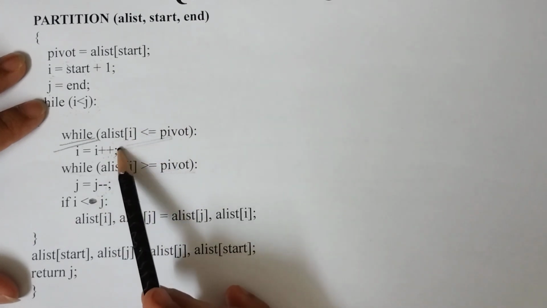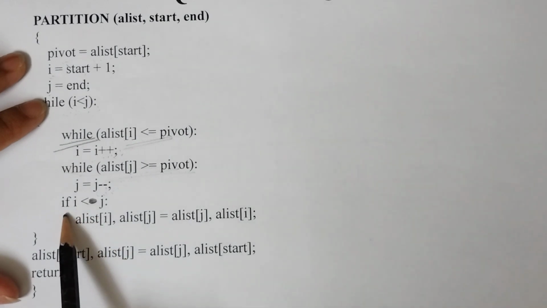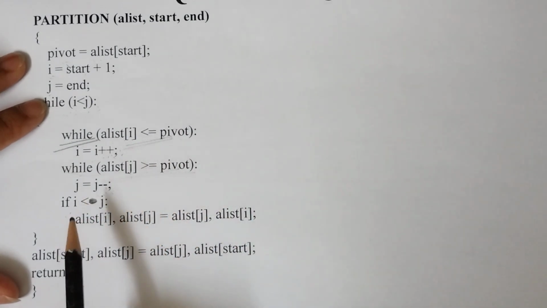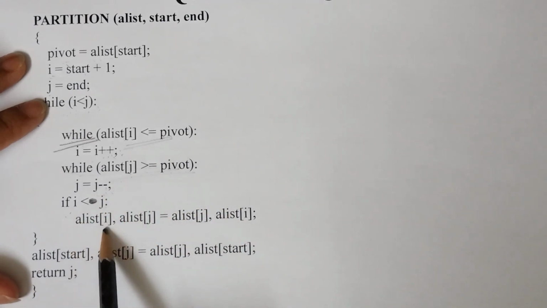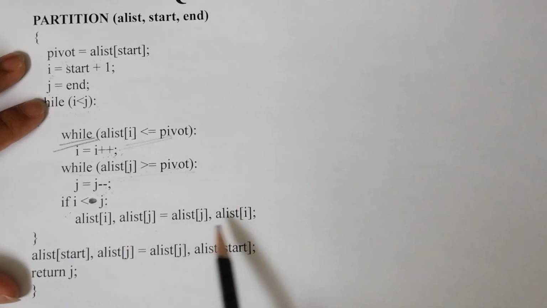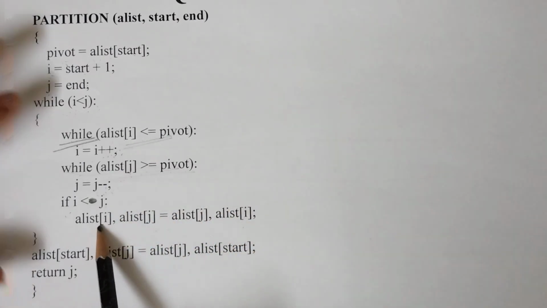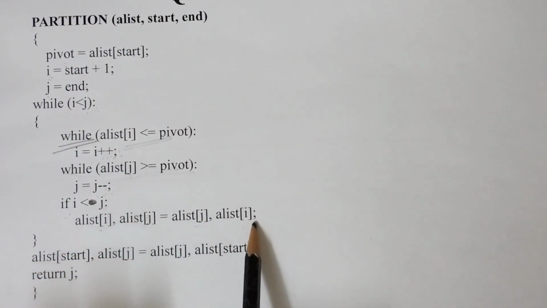Once you stop i plus plus and j minus minus, you again check whether i is less than j. If i is less than j, A list of i and A list of j need to be swapped. That's what is happening here: you swap the i value with the j value.